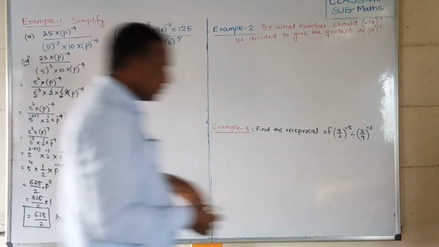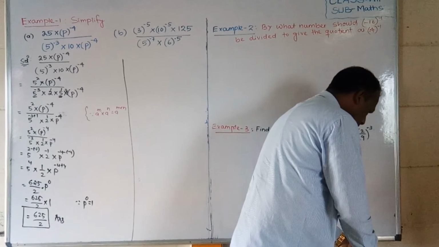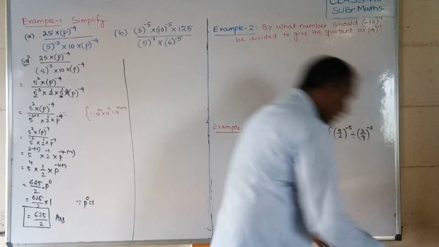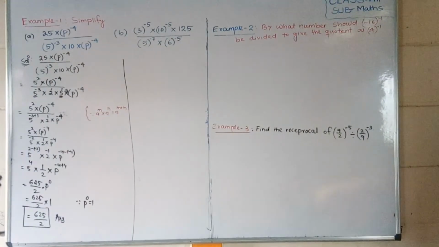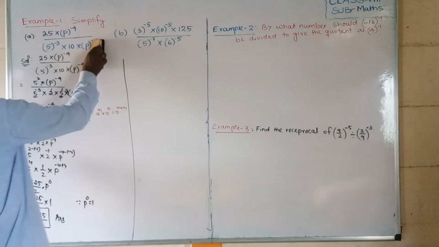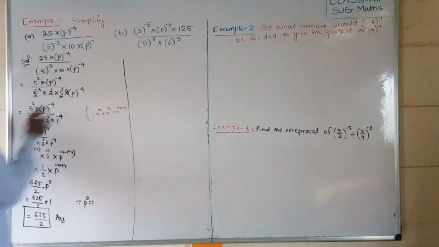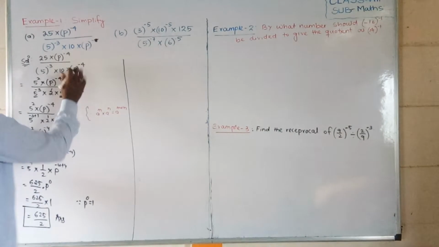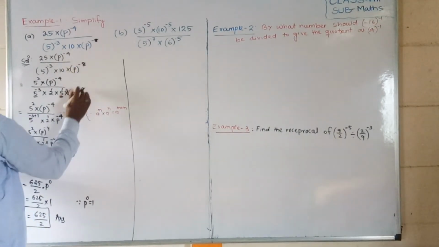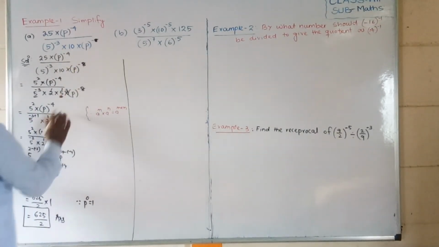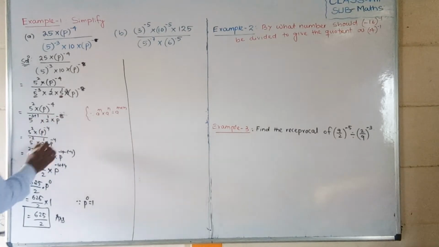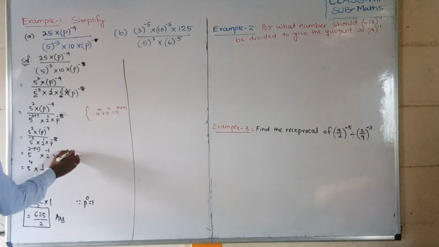If you look at the question, you should change it to 8. Only 8 is there, don't write anything else, just change it to 8.